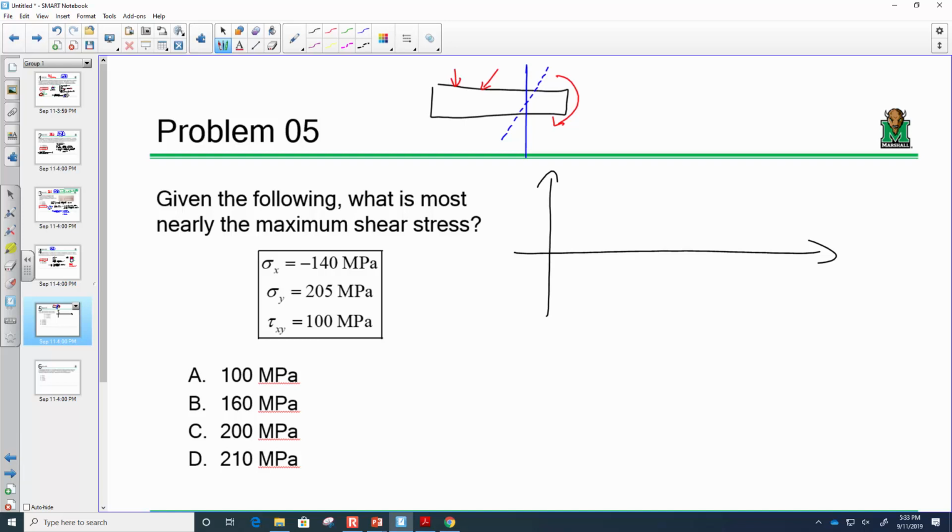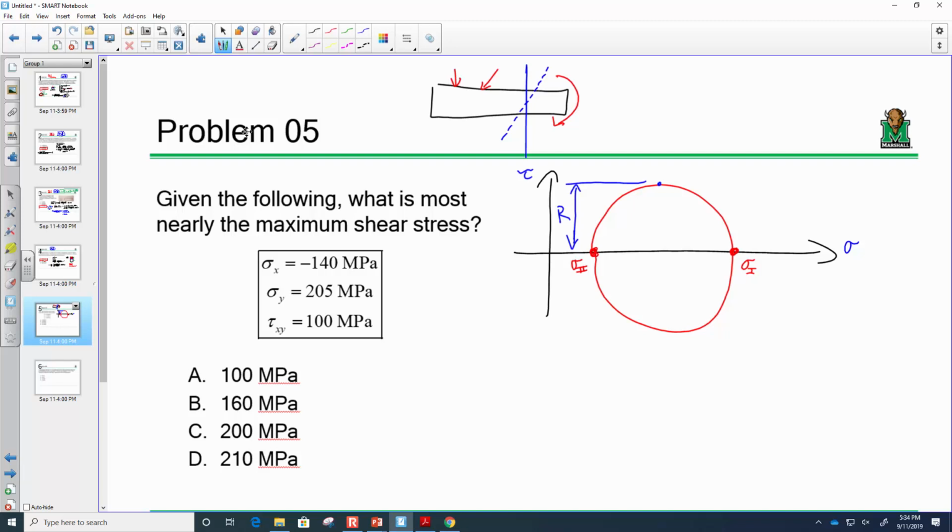When you draw Mohr's circle, the x-axis is your normal stress and the y-axis is your shear stress, so you get a circle, something like that. This point and this point right here are your maximum principal stresses, maybe sigma 1 and sigma 2. As for your maximum shear stress, it's whatever that value is right there, but another way of saying that is it's just the radius of the circle.